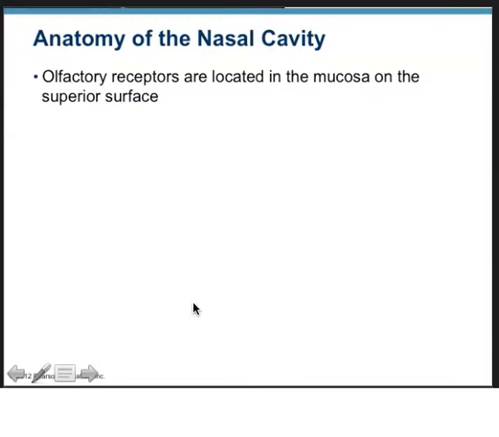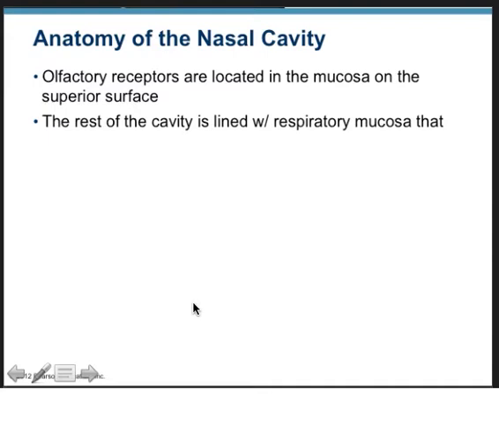Not only is it there to warm and humidify and filter the air, but it's also there to provide us a sense of smell. There are olfactory receptors that are located on the mucosa of the superior surface. The rest of the cavity is lined with respiratory mucus, which helps moisten the air and trap the incoming particles.